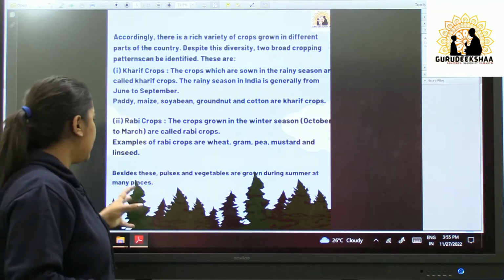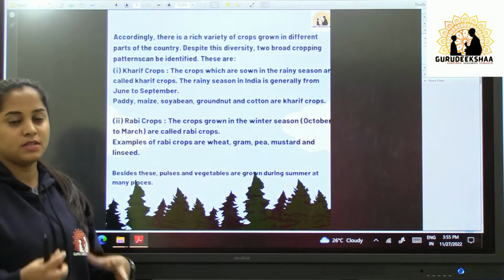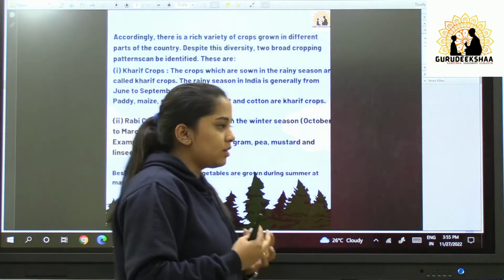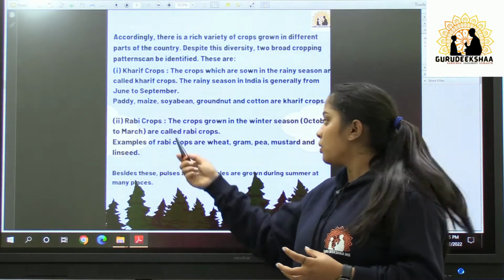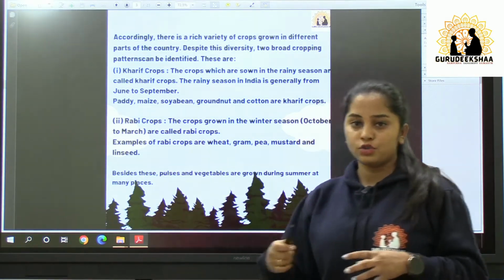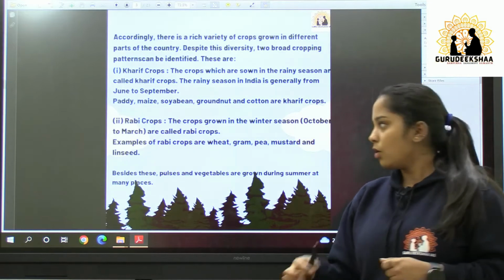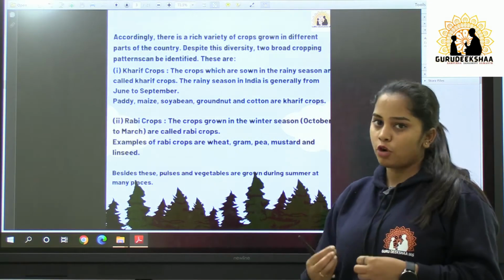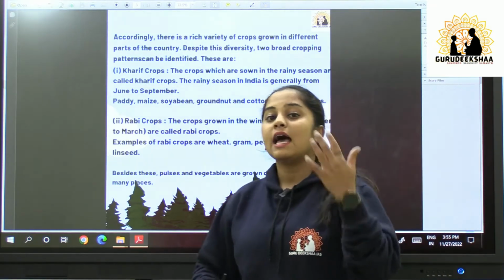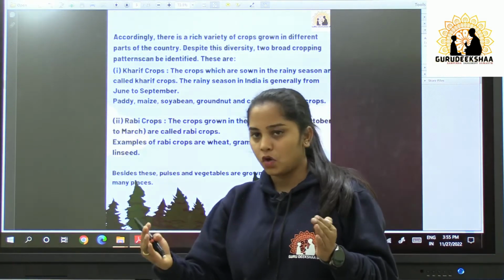At that time, pulses, vegetables and some other basic crops are grown, which is March to June. Okay, so these are the two kinds of crops, kharif as well as rabi crops.